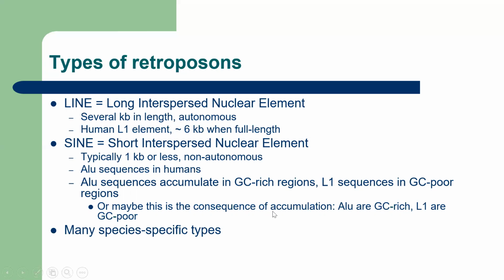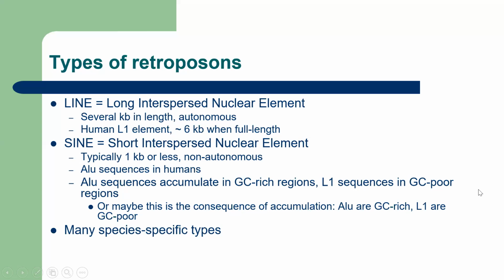And an interesting statement I read in an article describing these retroposon elements is that the ALU sequences accumulate in GC-rich regions and L1 sequences accumulate in GC-poor regions. But this is a chicken and egg question.